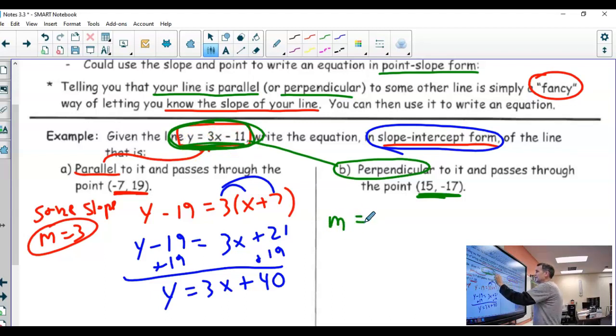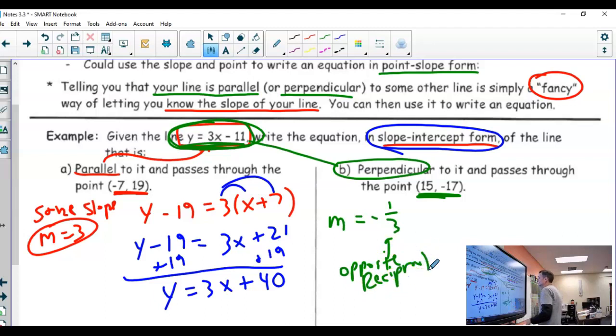If the slope of this line, the original line, is 3, then your line would be -1/3, right? It'd be the opposite reciprocal. And so now we actually know the slope of our new line. It's the opposite reciprocal of that line.